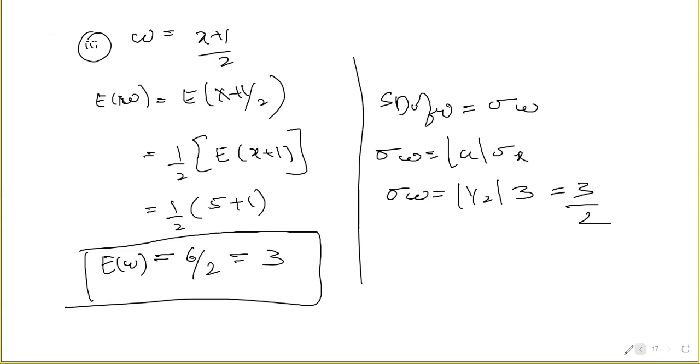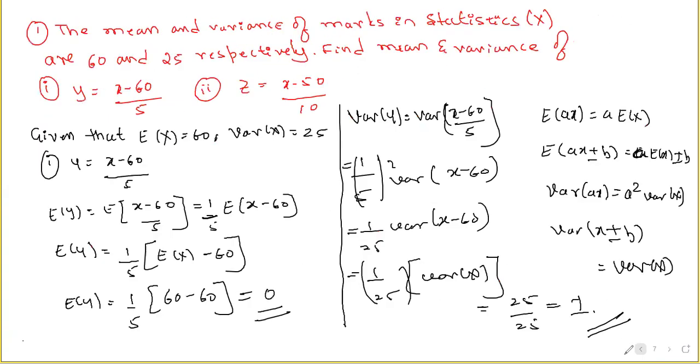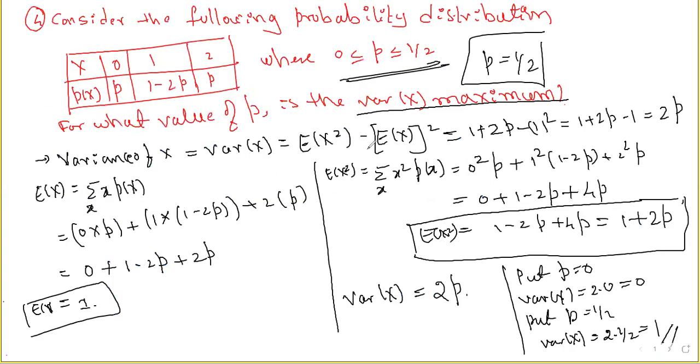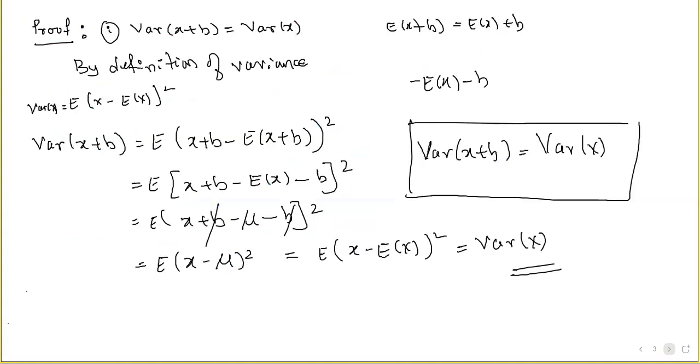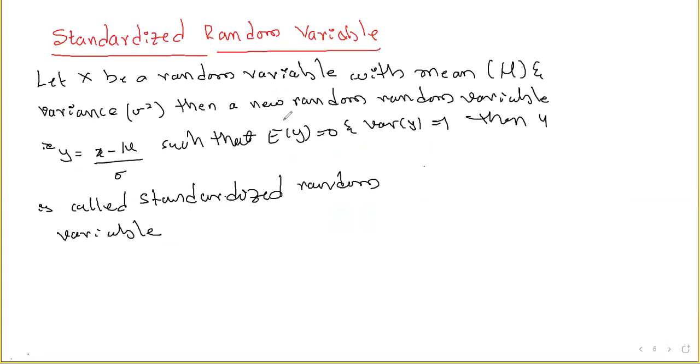So we'll take a quick revision of today's class. So what did we have? We were left with one example, that is when the variance of this x will be maximum for what value of p. So we solved this example, right? After that we came across such a theorem. We have some sub formulae here. So we came across proofs of these theorems. After that we discussed standardized random variable.